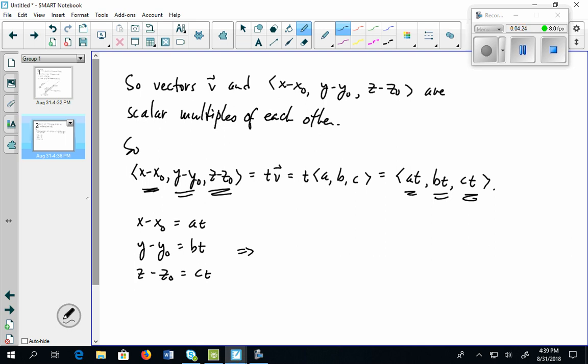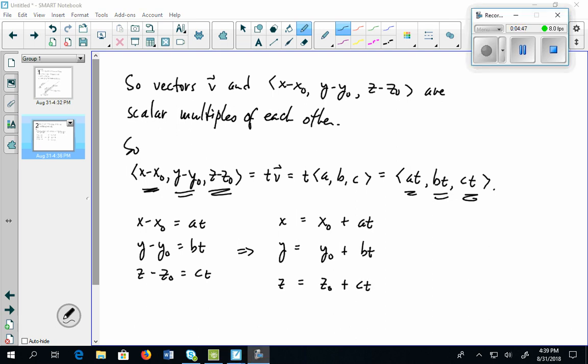Or, if we continue, I'm going to just rearrange these equations. I'm going to write x equals, and put the x naught on the other side, plus at, and then y is equal to y naught plus bt, and then z is equal to z naught plus ct.